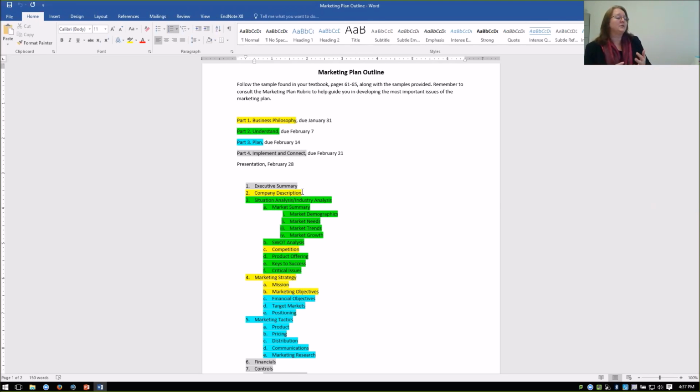So company description, competition, marketing strategy, just the part on mission and objectives. I would think that you're looking at maybe about 3 to 4 pages to cover that. And in the long run, that might be too much. So I don't know. It's hard to gauge. It depends on how you guys go about it.